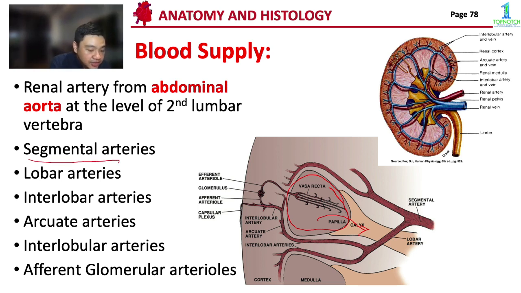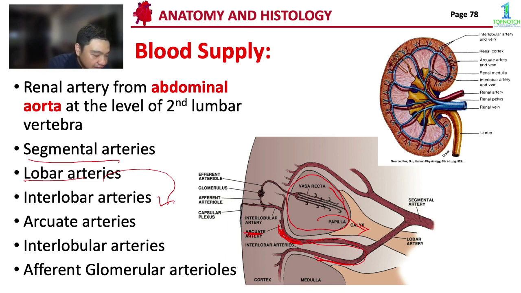And then it further subdivides as it crosses the calyx to become your lobar, again subdividing into interlobar arteries. You expect it to begin at the junction of your calyx and your papilla, and eventually it arches over your renal papilla, hence the name arcuate. It's an arcing structure at the junction or at the angle of your renal papilla.